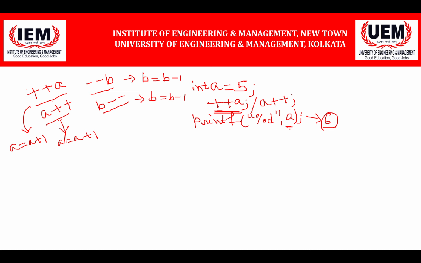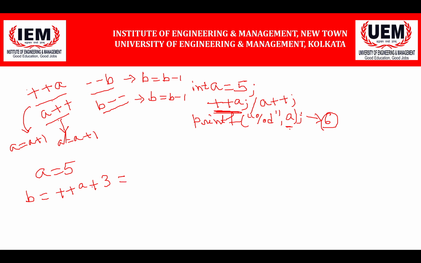That is, in both cases, the value 5 of A is incremented by 1, and it prints this value. But if you use the pre-increment or post-increment, pre-decrement or post-decrement operator in an expression, then they are different. Suppose A equal to 5. Fine. Now you write B equal to plus plus A plus 3.